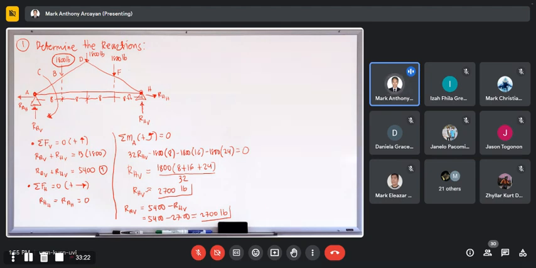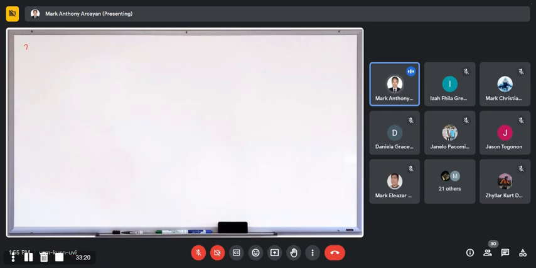Number 2, joint analysis, to solve for the internal force that acts on each member. Now, let me draw the flat roof truss again. So, the flat roof truss.